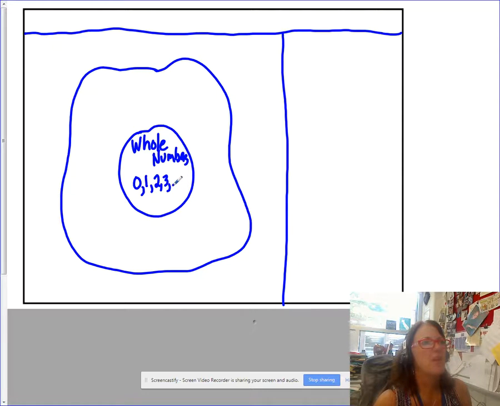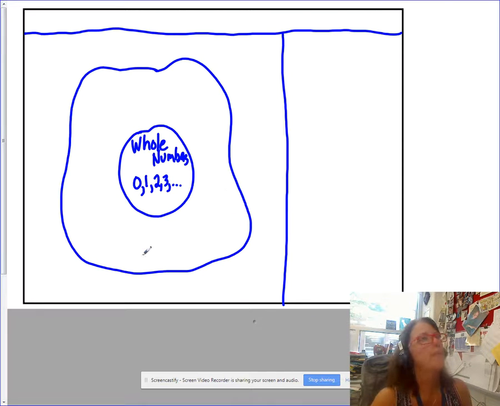You can get about that far and then go ahead and put that ellipsis, I think is what that is called. All right, so this is a set of numbers. There's an infinite number of numbers in that set, and yet it does not include all of the numbers in the world.